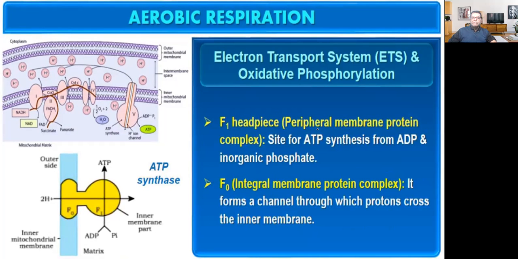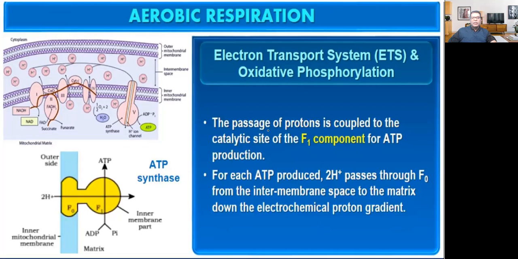F1 headpiece, that is the peripheral membrane protein complex, is the site for ATP synthesis from ADP and inorganic phosphate. Pi stands for inorganic phosphate. F0, that is the integral membrane protein complex, forms a channel through which protons cross the inner membrane. The passage of protons is coupled to the catalytic site of the F1 component for ATP production.